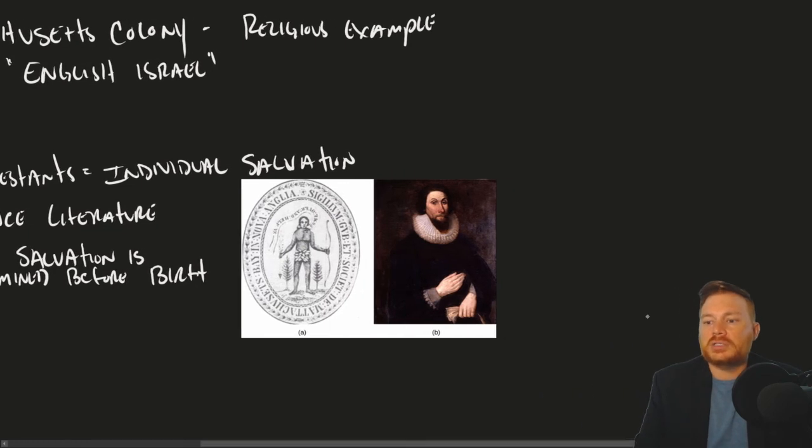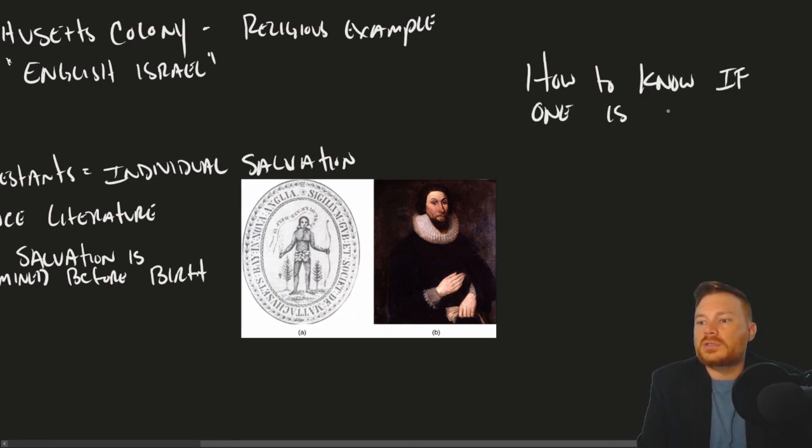For the Puritans, the question was how to know if one is saved. How to know if one is saved. And that became the question. How can you tell if somebody is going to heaven or hell? And in this case, the Puritans believed that it was due to certain characteristics.